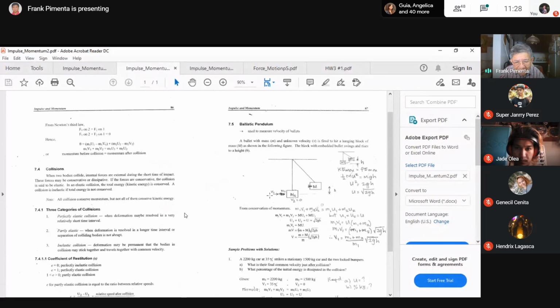During the collision, the bullet will hit the block. Because of the velocity of the bullet, force is present during the collision. That velocity is converted to force, internal forces.